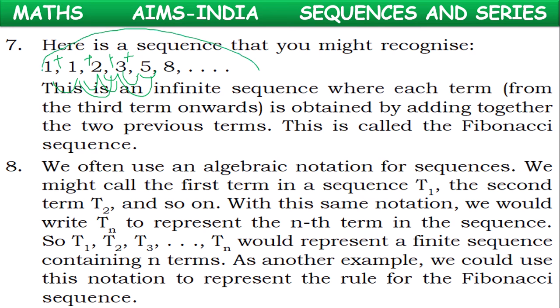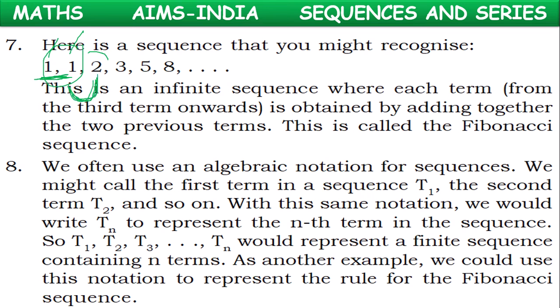These kinds of special sequences are called Fibonacci sequences. So from the third term onwards, we can establish the relation between the terms. For the first term and second term, we cannot establish a relation between the first two terms.